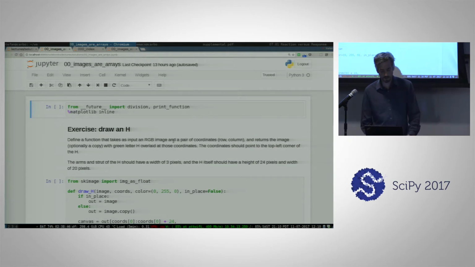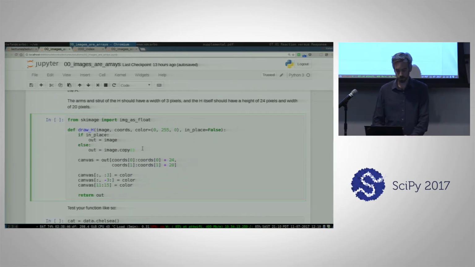There are many ways to do this. I just chose one way, which was to take the image and slice out the area that I wanted to draw on. I called that my canvas, and then I filled in the pixels on there. You could also calculate the offsets and fill them in on the original array directly, doesn't matter.